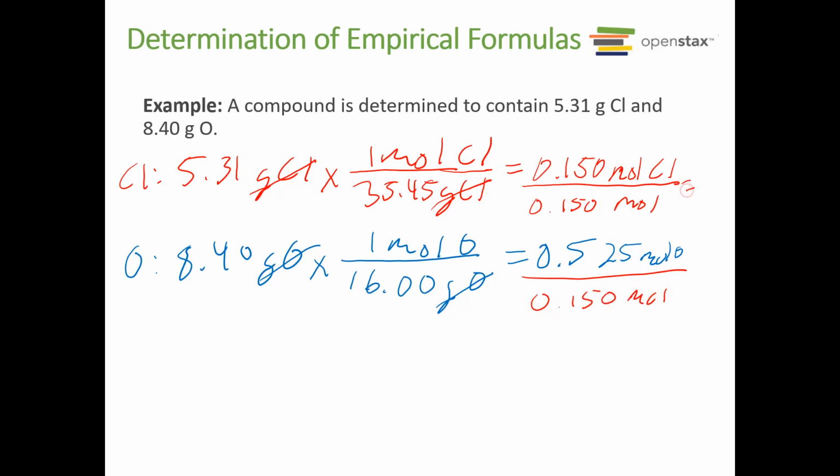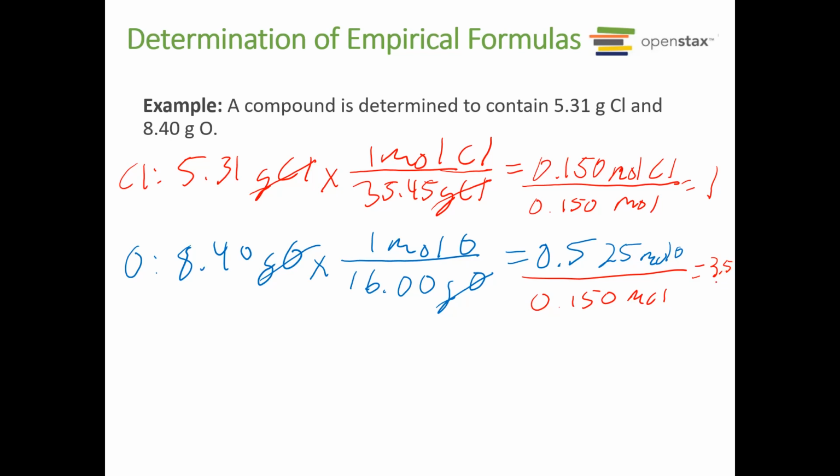Since we're dividing 0.150 by 0.150, that's going to come out to 1. If we divide 0.525 by 0.150, we come out with a number that is not exactly a whole number. We come out with 3.5. Now, obviously, we cannot have 3.5 oxygens in a molecule, so we have to make that a whole number.